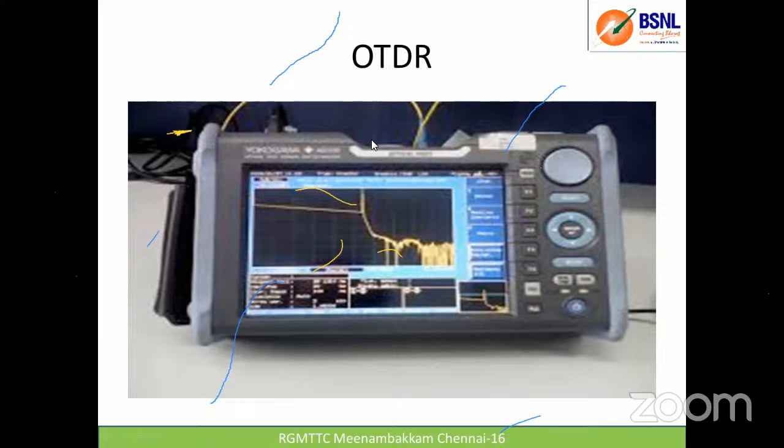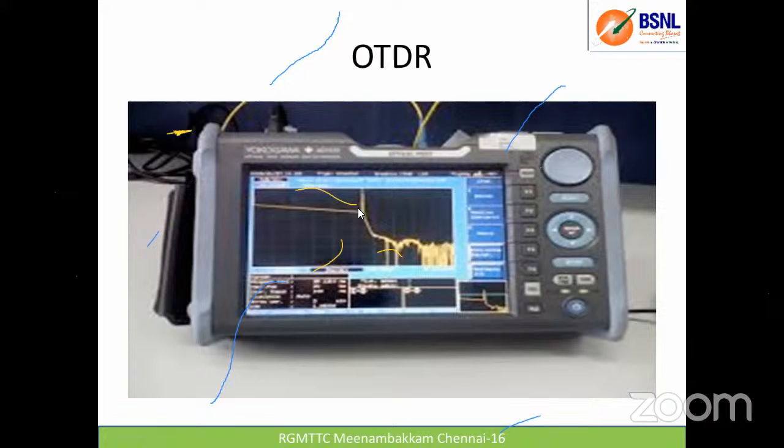In this optical time domain reflectometer, there are provisions for inserting the optic fiber cables, and when they transmit, it displays the distance on the x-axis and the signal level on the y-axis. The signal level will be high as long as there is no fiber cut.